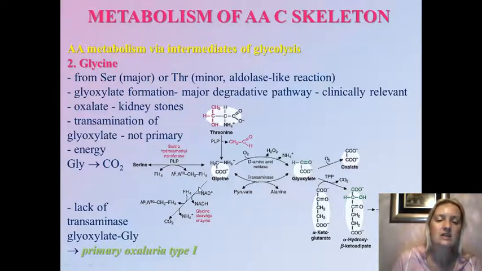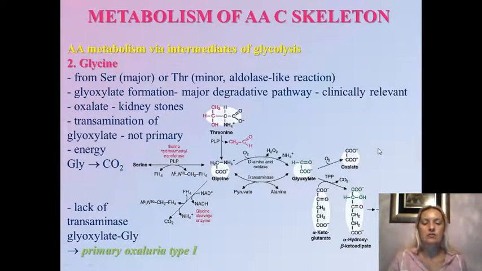Reducing equivalents are accepted by NADH, and the one carbon fragment is accepted by FH4. The lack of this transaminase actually leads to the accumulation of glyoxylate, and glyoxylate, of course, spontaneously tends to form oxalates, and this disorder is marked as primary hyperoxaluria type 1.